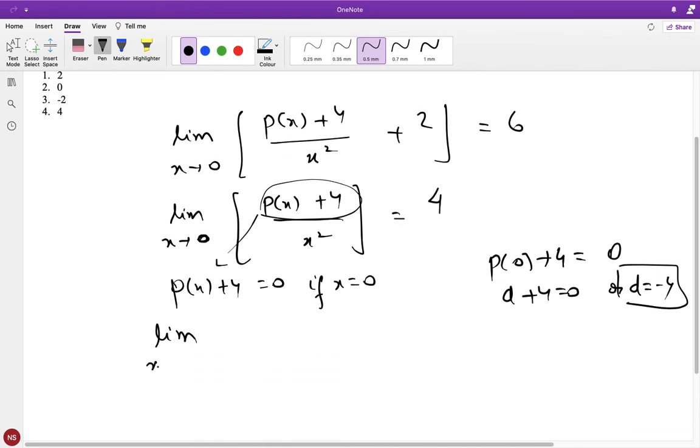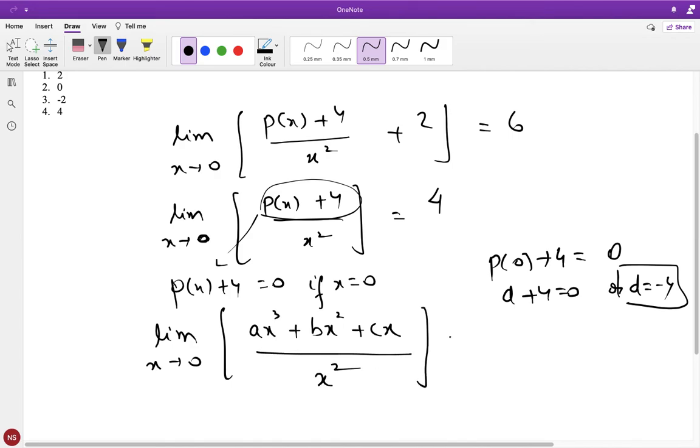So this should be limit x tends to 0, (ax cube plus bx square plus cx plus d plus 4) by x square is equal to 4. So d is minus 4, so this is gone.